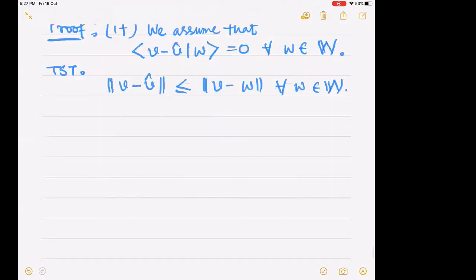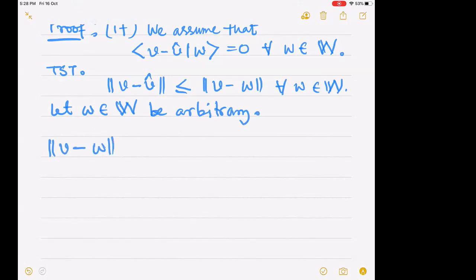So what I notice is the following. Let w in W be arbitrary. This norm of v minus w, notice that this can be written as v minus v hat plus v hat minus w. I've just added and subtracted v hat.